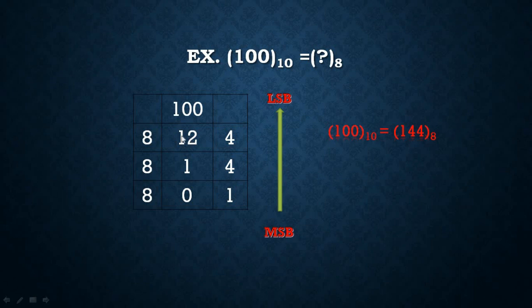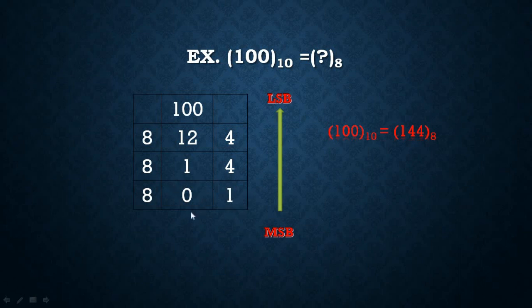Again we get a new quotient, so this quotient is divided by 8, and we get the quotient 1 and remainder 4. Again we get a new quotient, and it is divided by 8. We consider the 1 and divide by 8, but it is not divisible, so the quotient becomes 0 and the remainder becomes 1.